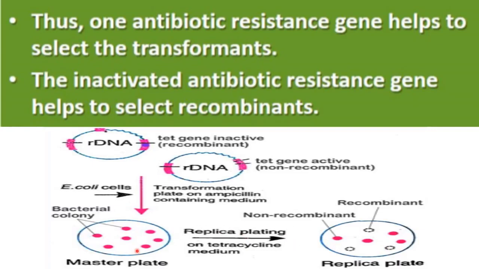This means we are also making a replica plate, taking two plates simultaneously, with another plate in a medium containing tetracycline. And here we can choose recombinants and non-recombinants.